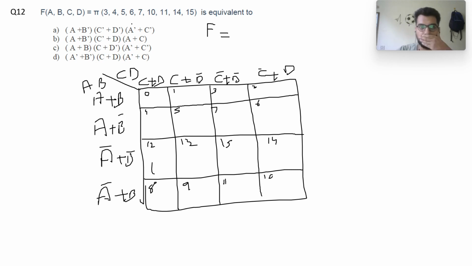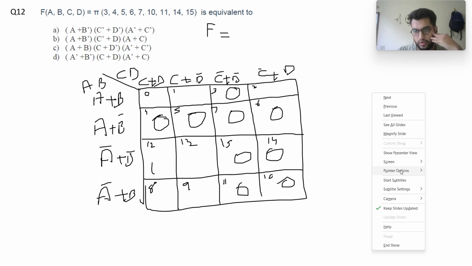Because this is the POS form, we mark the maxterms by 0: 3, 4, 5, 6, 7, then we have 10, 11, 14, 15.